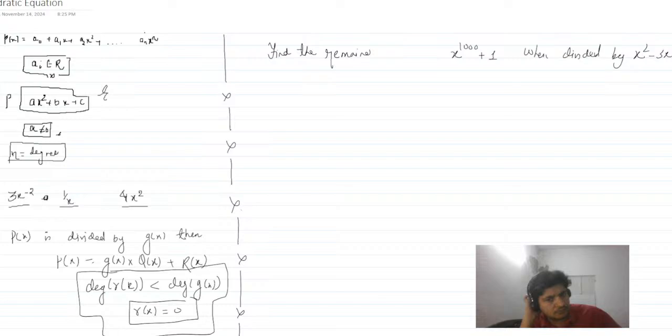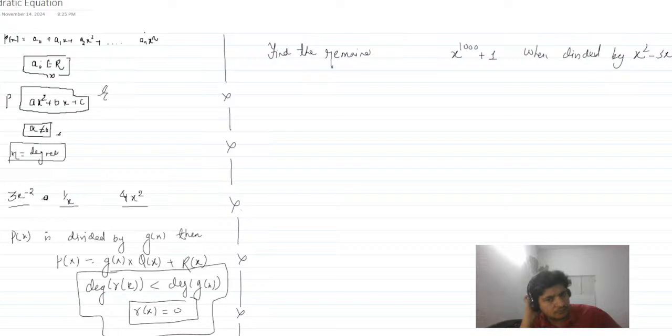Yes, sir. Now, if you put the value of 1, what will you get? You will get P(1), Q(1), and this whole value will become 0, right? So we can write R(x), which is equal to 2 only. So R(1) is equal to 2 that we will get.